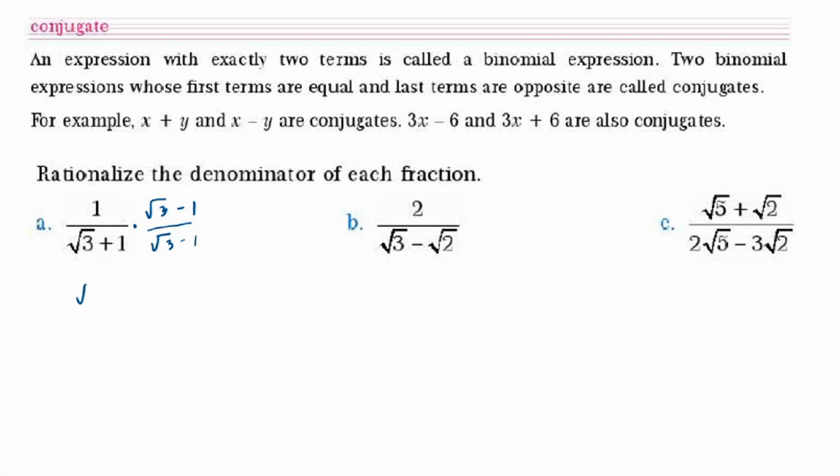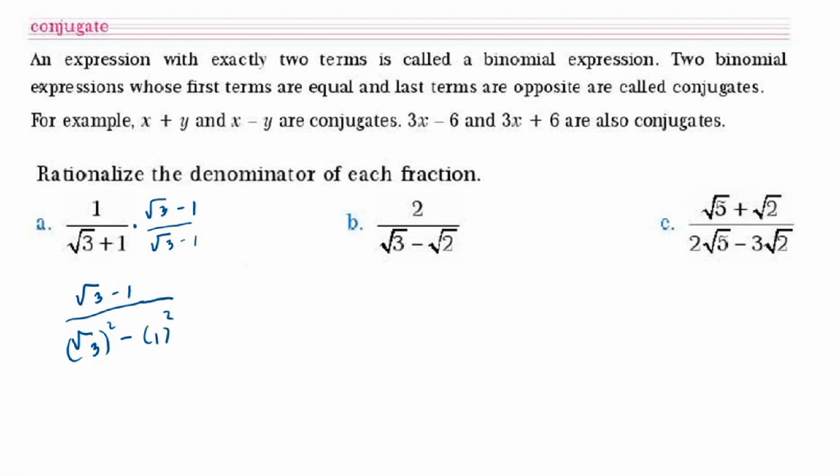Multiply the numerator with the conjugate. We have now the square root of 3 minus 1 over, since the denominator looks like our previous topic of special products, which is the product of the sum and difference of two terms, whose product is the difference of two squares. So we just square the first term minus the square of the last term.